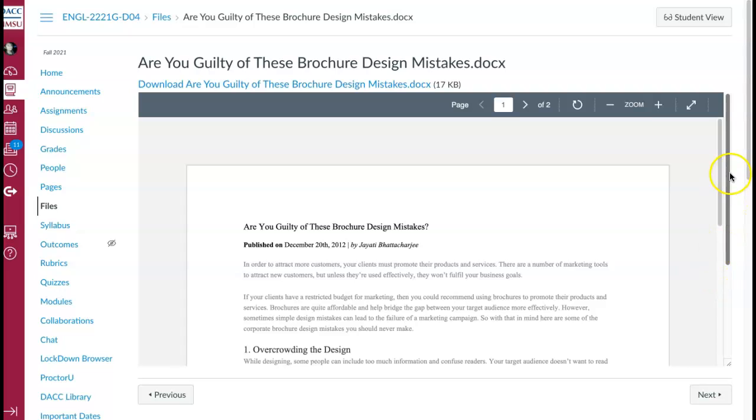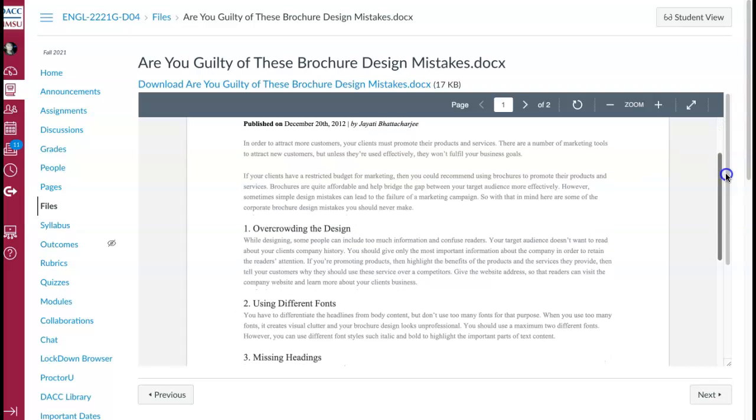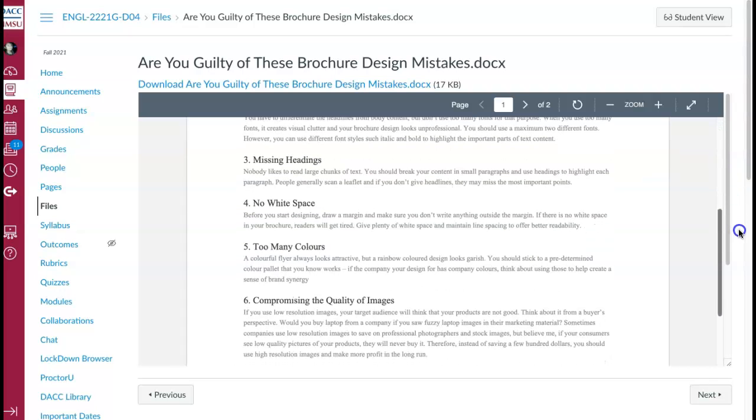And the next one also highlights a lot of brochure design mistakes. Again, go ahead and read these. They're kind of the same as what we've talked about before in the previous handout, but they're also very, very important, and they contain new information, like missing headings.